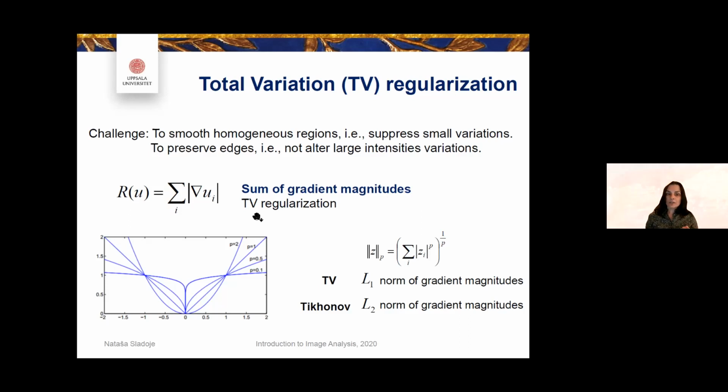This regularization is known as total variation regularization, or TV regularization. And it appears that it actually gives better results, which we will soon see.